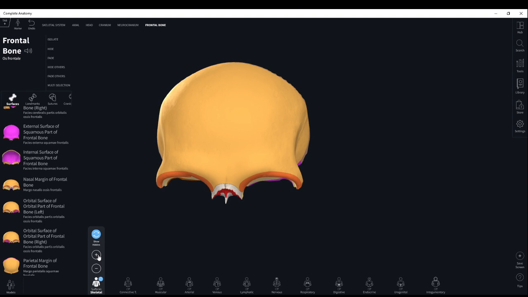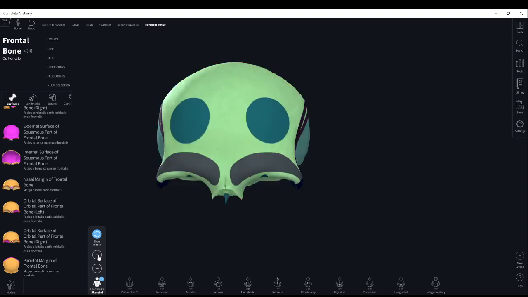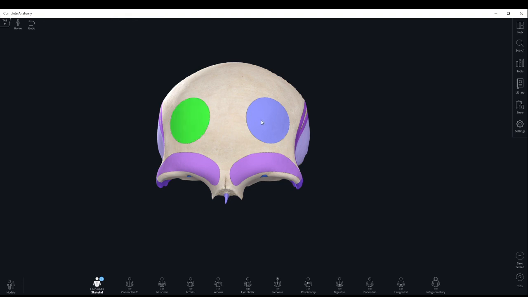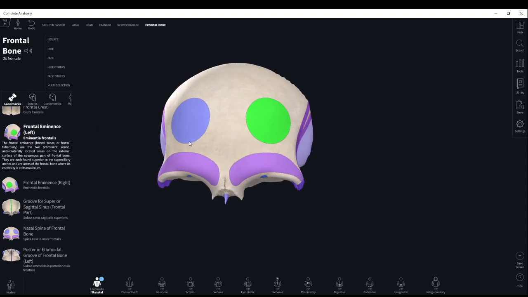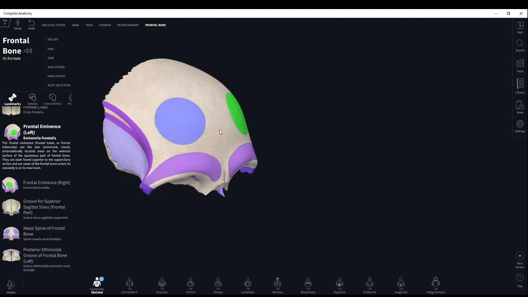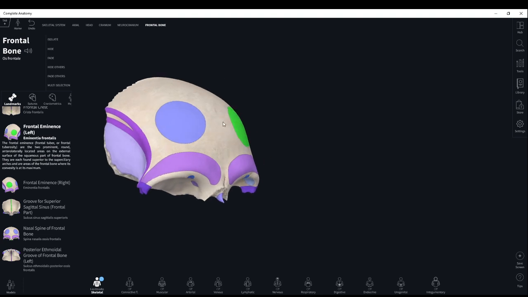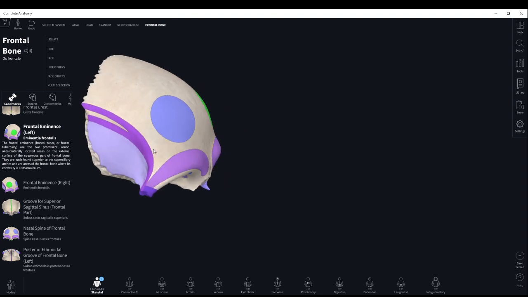On the external surface of the squamous part of the frontal bone, we can see the two most prominent structures, which are called frontal eminences, eminentia frontalis, also called frontal tuberosity or frontal tubercle, because different persons have different shapes of the bone.